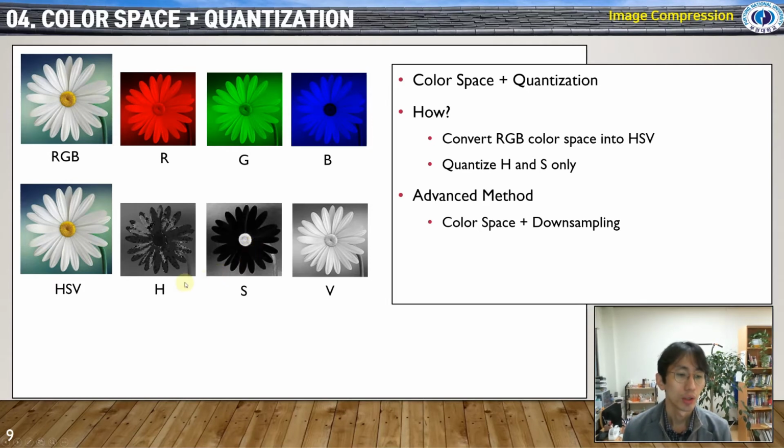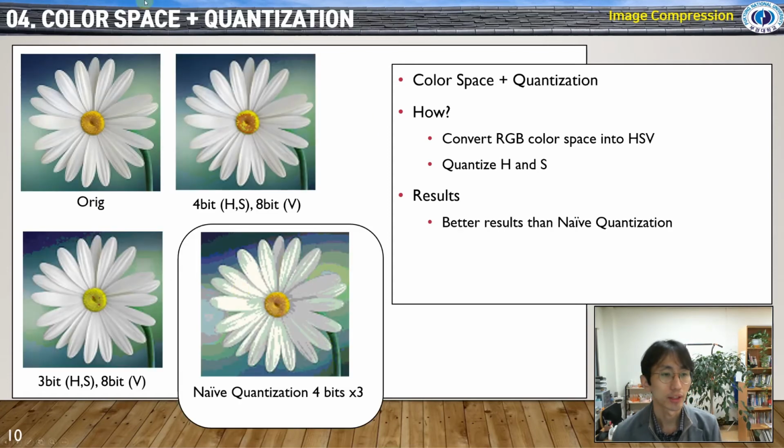So after changing the color space, we can quantize the colors differently for H, S, and V. We do not quantize V and we use 8 bits for V, but we do the quantization for H and S. Maybe we use 4 bits for H and 4 bits for S. Then we get this result.